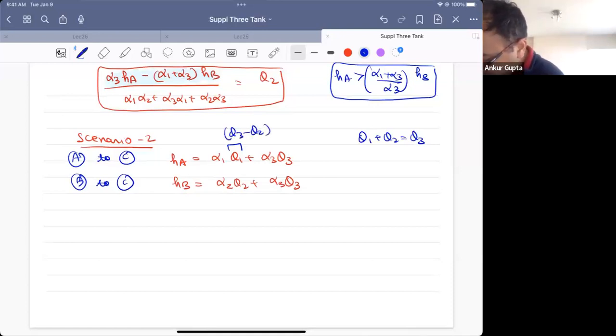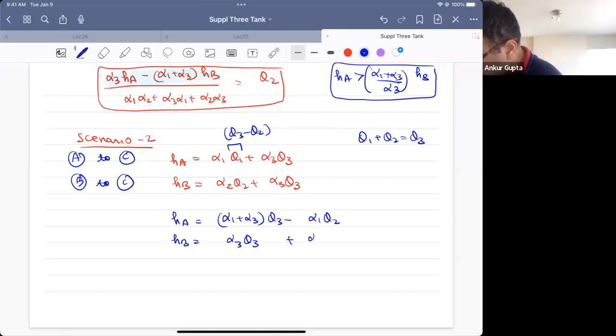So I get HA is equal to alpha 1 plus alpha 3 times Q3 minus alpha 1 Q2, and HB is equal to alpha 3 Q3 plus alpha 2 Q2. I've just reversed them to show you that we are doing the same process.